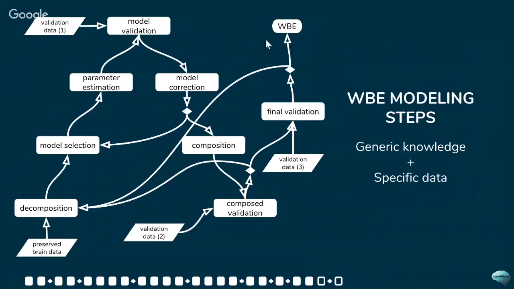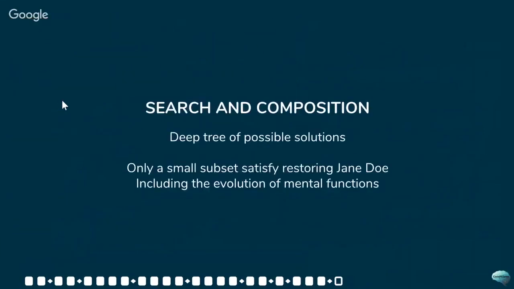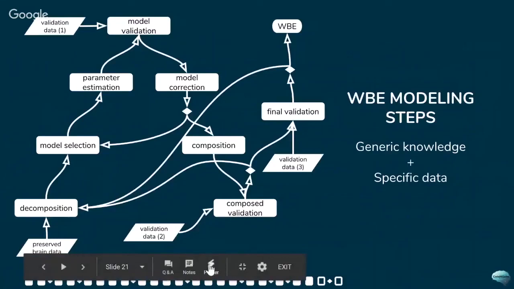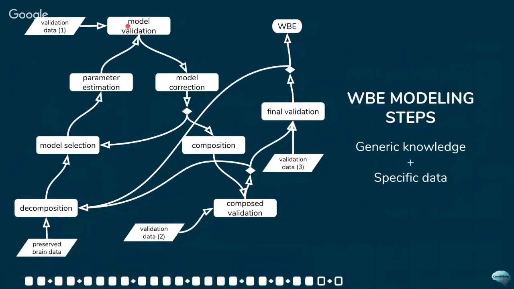So parameter estimation, then model validation, model correction. And then, of course, you can iterate back through these until you've satisfied a specific success criterion or you can't improve further. Then composition of the separately reconstructed parts.